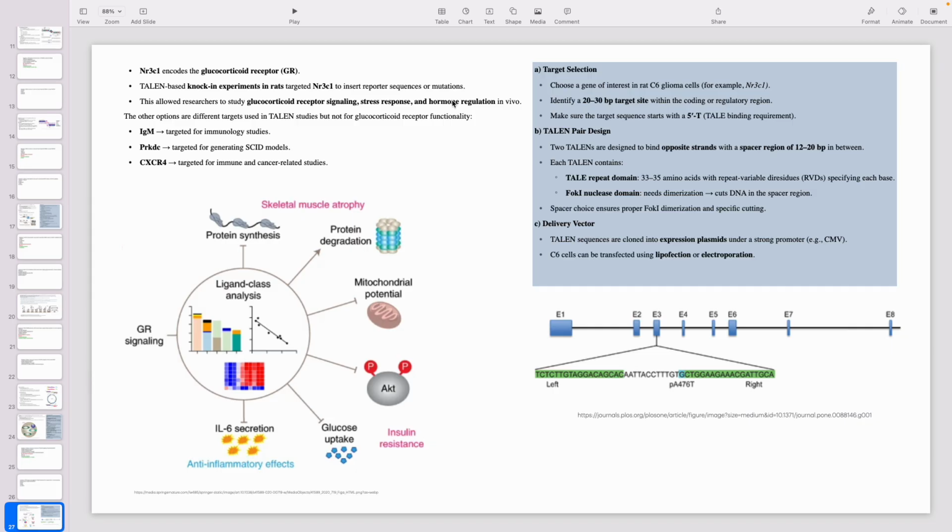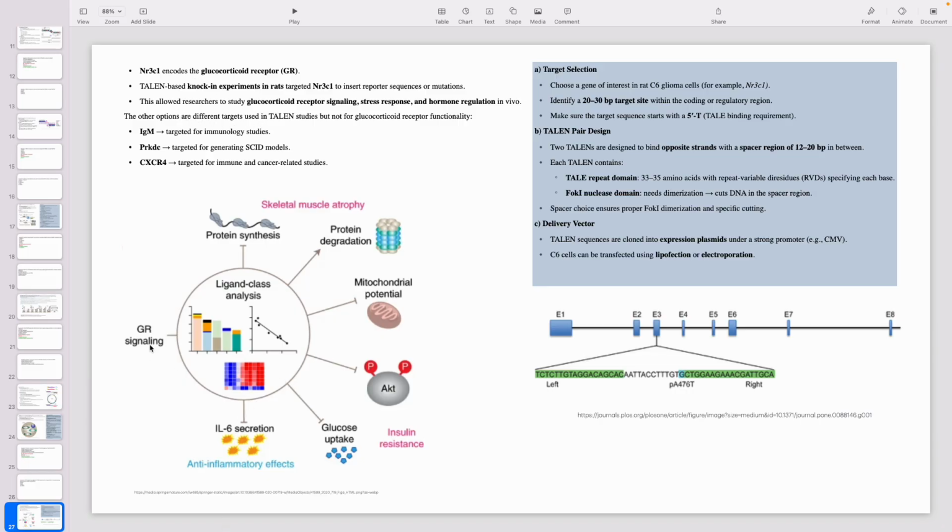So why did they target this NR3C1 gene? As mentioned, it codes for the glucocorticoid receptor.